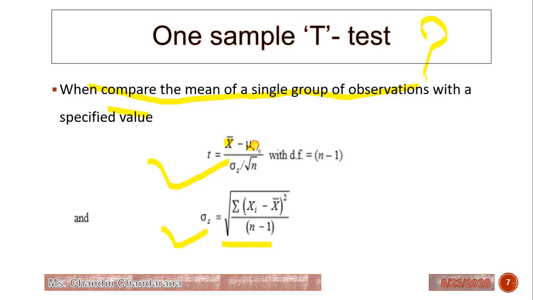Then mu is the population mean. Then s over under root n is the standard error, where s is the standard deviation. And here the simple x is an element of the sample. This is the sample mean and n minus 1 is the degree of freedom.